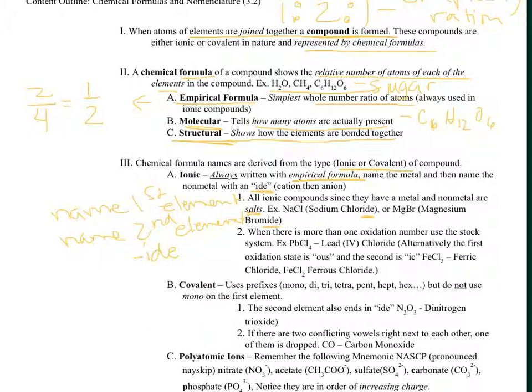Well, for those elements in the middle, we couldn't use that rule. So they have their own special rules for how you name them. You can read through that if you want to, but we may come back to that later. For right now we're going to skip over that.